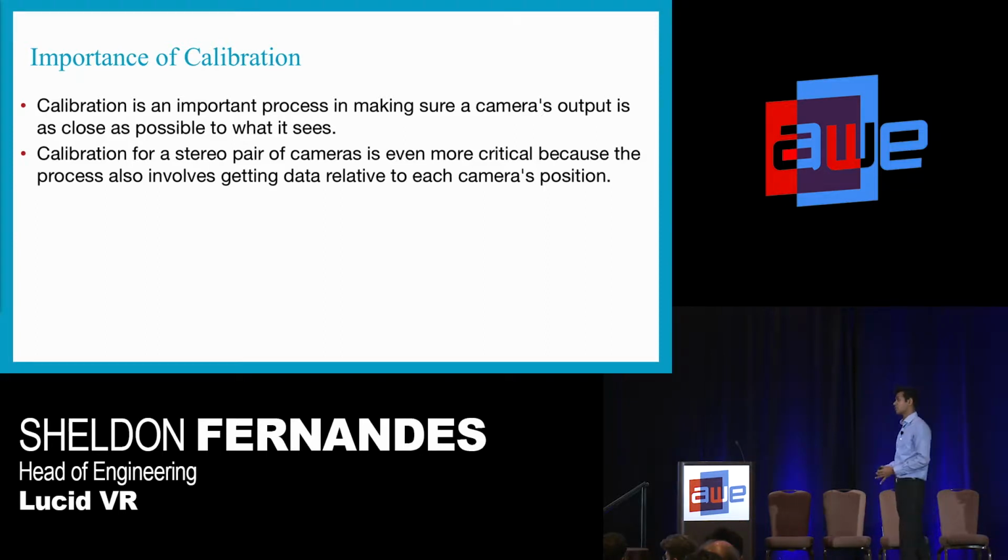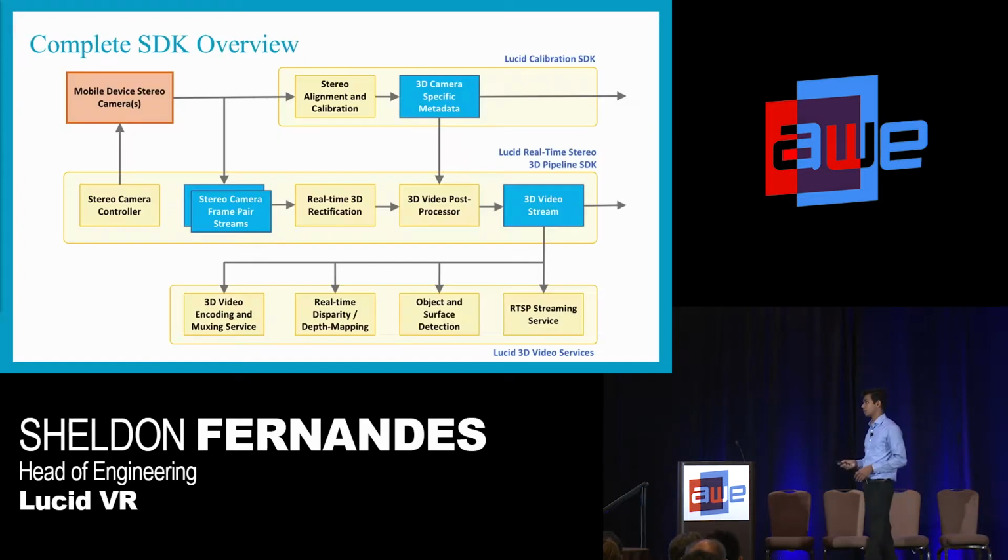It hurts my eyes so much. And that's exactly the problem that we're trying to solve. We're pushing the bounds by making the system extremely smart, as we'll see in this presentation. I'll be honest, calibration is not just a process for stereo cameras. It's a process every camera goes through, but its effects are really critical and more noticeable in a stereo system. And that's what this presentation is about.